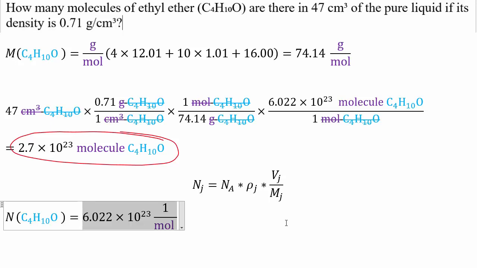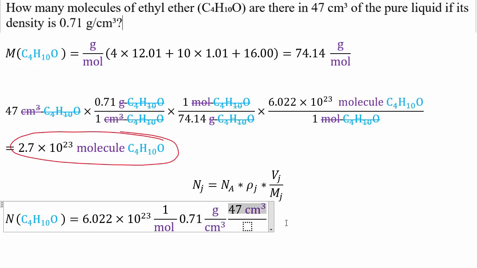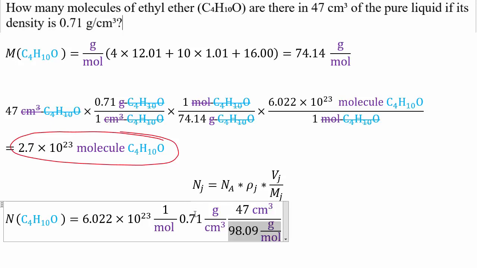Then we substitute the density with its given value in the statement, 0.71 grams per cubic centimeter. We substitute the volume with 47 cubic centimeters, and we substitute the molar mass with its calculated value of 74.14 grams per mole.